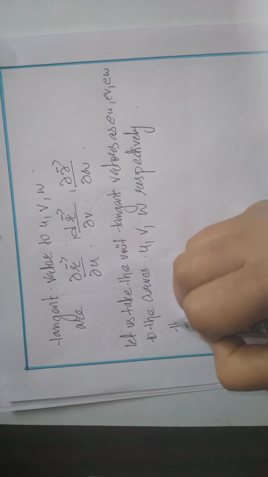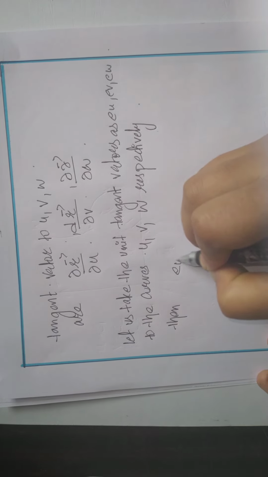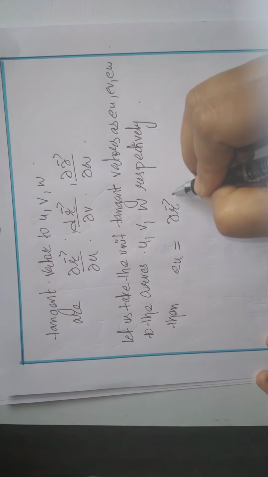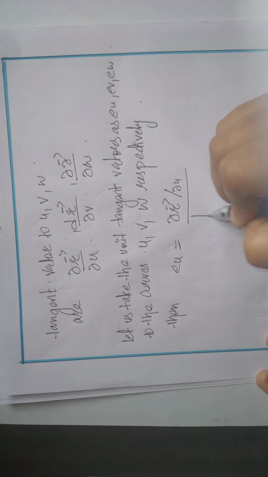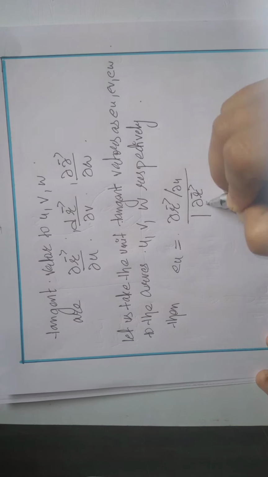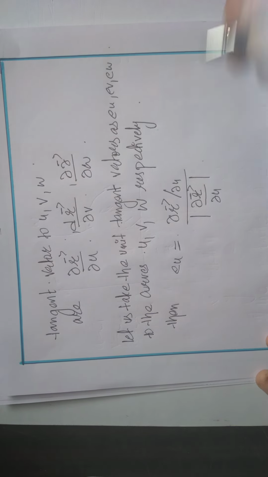Then EU equals del r vector by del u divided by mod of del r vector by del u.